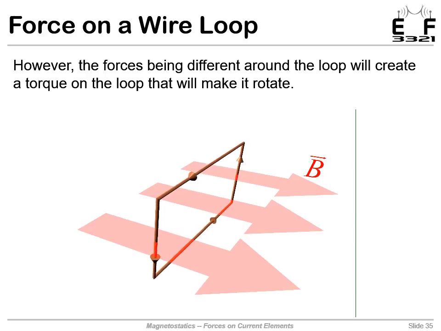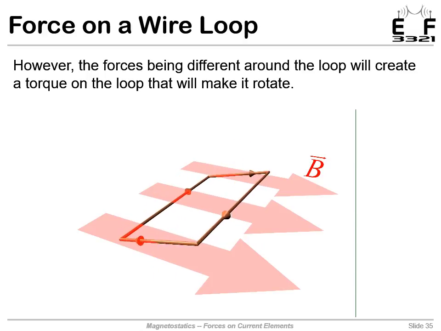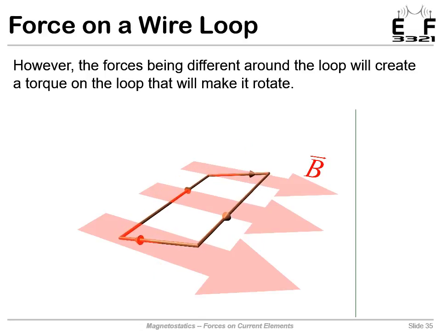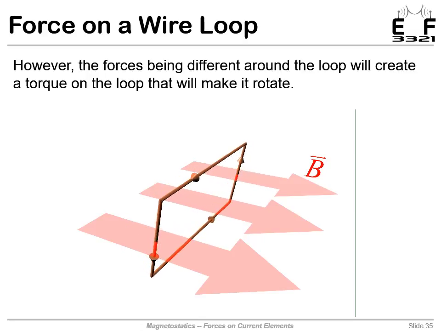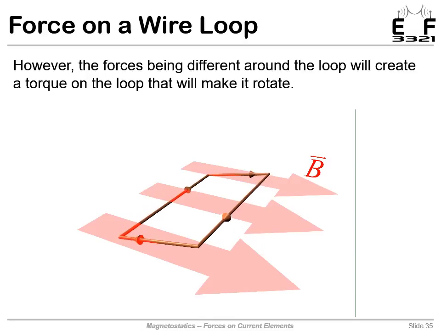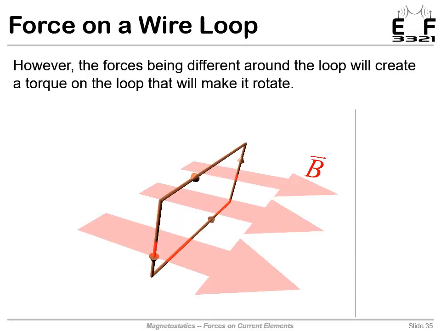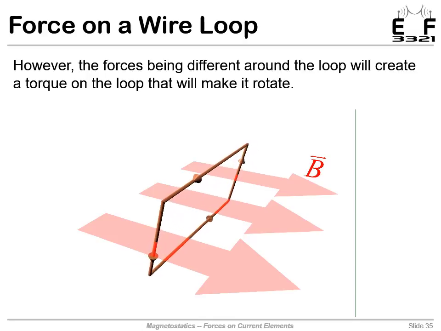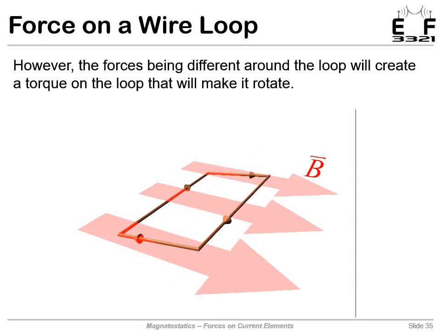However, the forces were different on different parts of the loop. That means the loop will rotate. So it's not translating its position. The center of that loop, if you will, is staying the same, but it rotates. And it will rotate to try to get itself perpendicular to the B field.